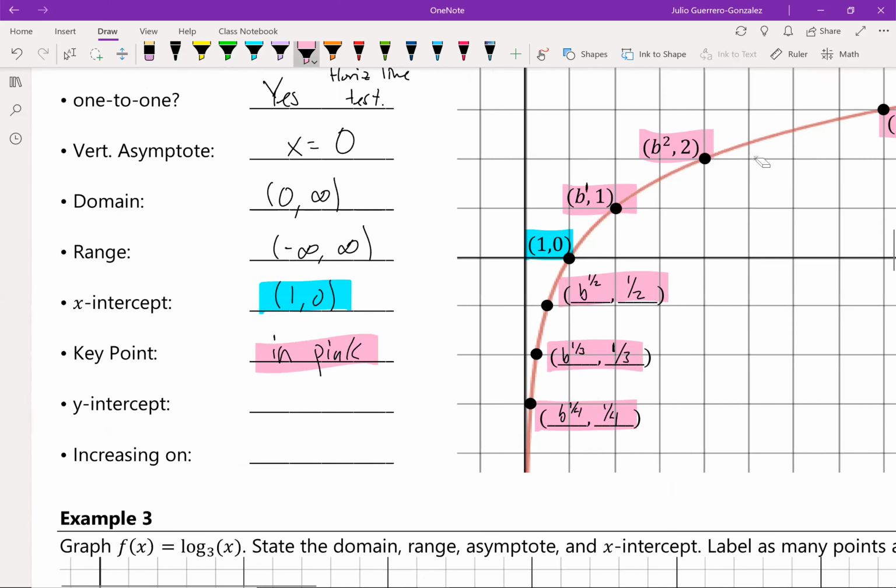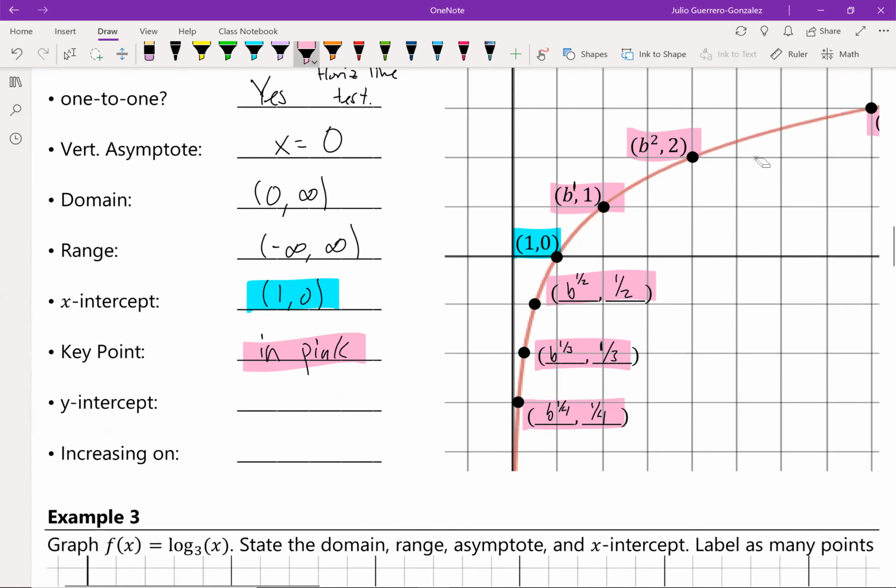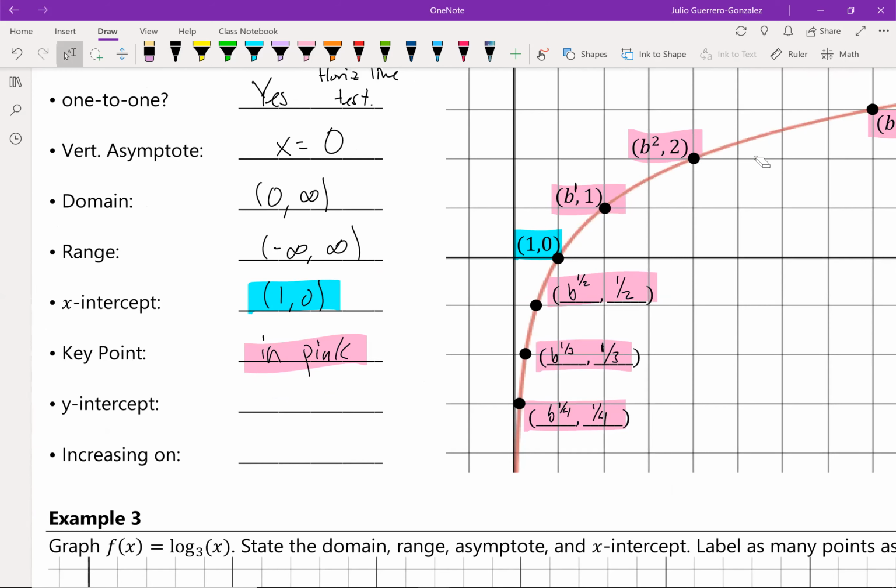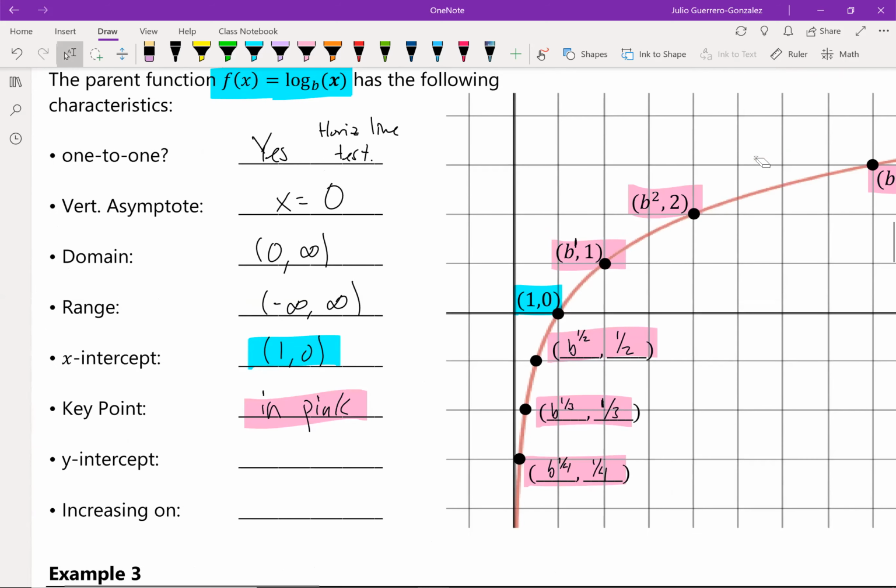Does it have a y-intercept? I don't know, because it's never gonna cross. Nope. This is an asymptote right here. It'll head toward it but never cross it.